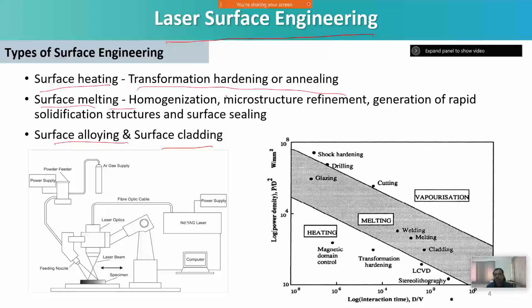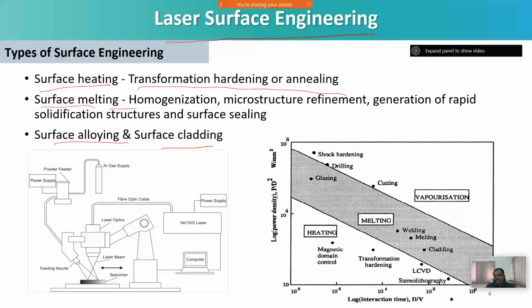Such a high melting and solidification cycle leads to a fine grained microstructure, high homogenization, and the generation of unique structures that promote a very good hardness improvement.